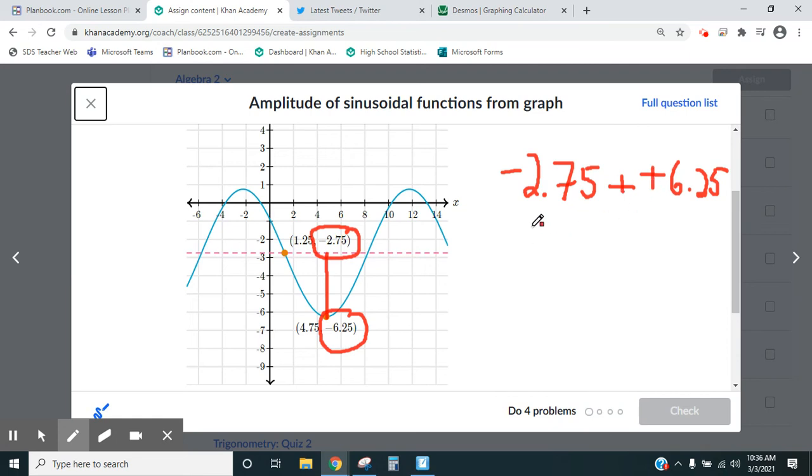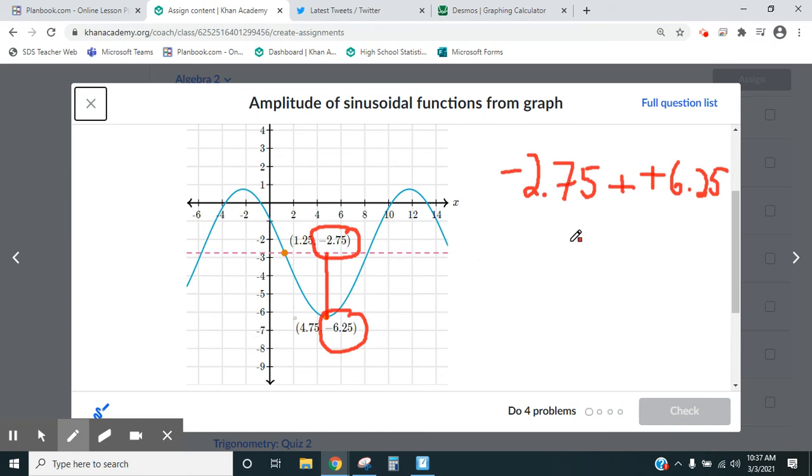So 6.25 and negative 2.75. It's not 4. Is it 4.5? This is 4.5?